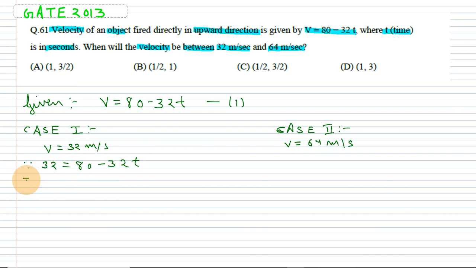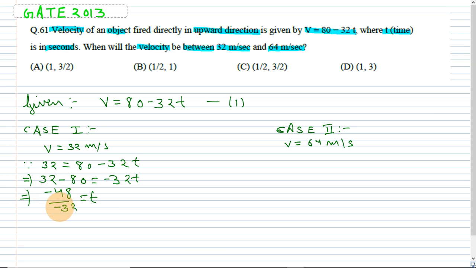Solving for t, let's take 80 to the left hand side, so it becomes 32 minus 80, which is minus 48, equals minus 32t. The minus cancels, and 48 divided by 32, 16 times 3 over 16 times 2, so the t value is coming to be 3/2 seconds.